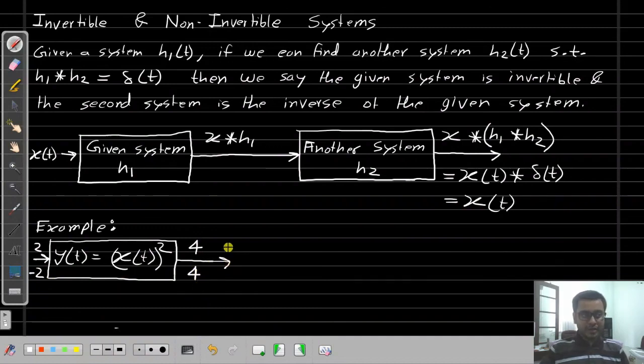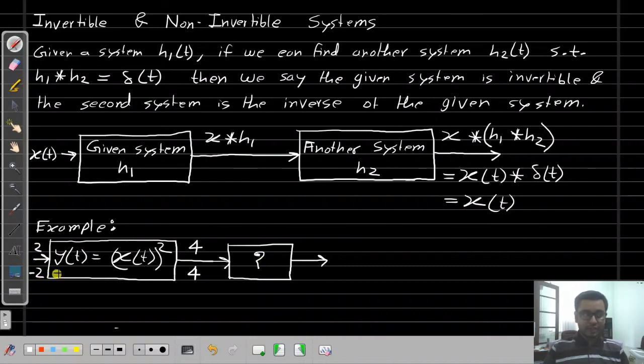Now can you find another system which will take this 4 as the input and give you back the original input 2 or -2? That is not possible, because how will this second system know whether the original input is +2 or -2?